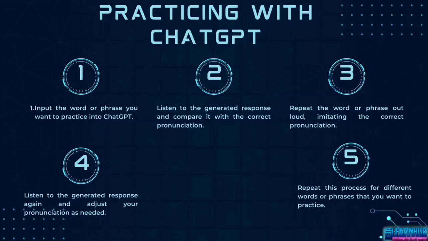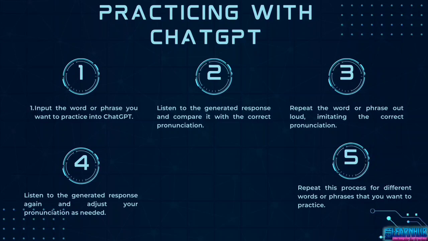Another way ChatGPT can help learners learn about culture is by providing information about traditions and customs. For example, learners can ask ChatGPT about the significance of cultural events or holidays and learn about the customs and traditions associated with them.